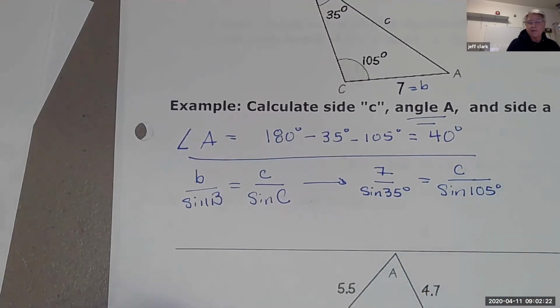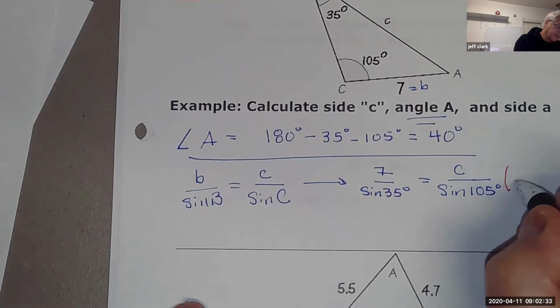And now it's a matter of solving for C, which is a little bit of algebra. I'll multiply both sides by sine 105 degrees.